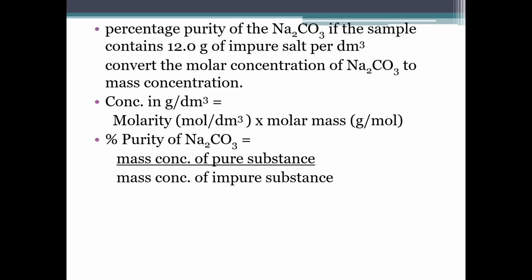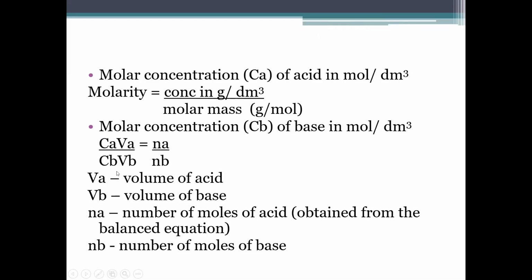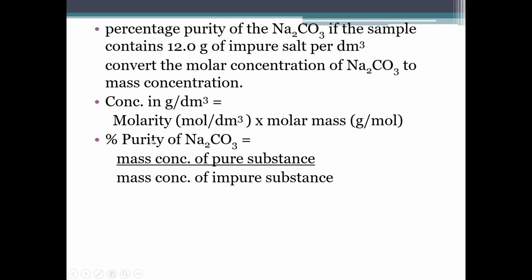Now, the question is the percentage purity of sodium carbonate if the sample contains 12 grams of impure salt. So what you need to do is convert the molar concentration of your base that you obtained from this mole ratio to concentration in grams per dm cubed, since the question gave us the mass concentration of the impure salt in grams per dm cubed.